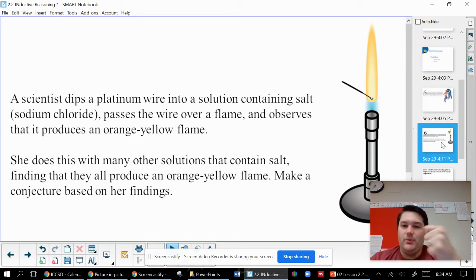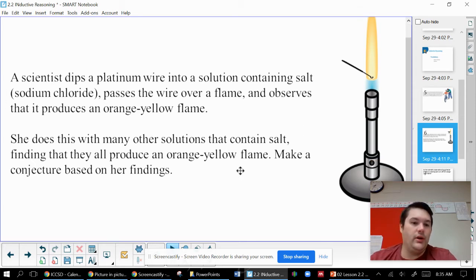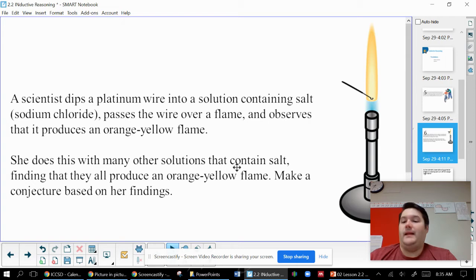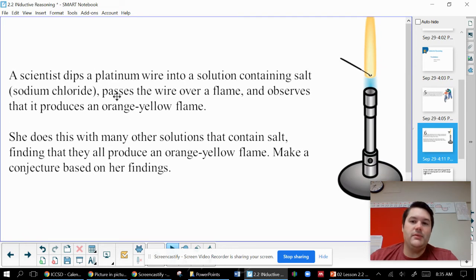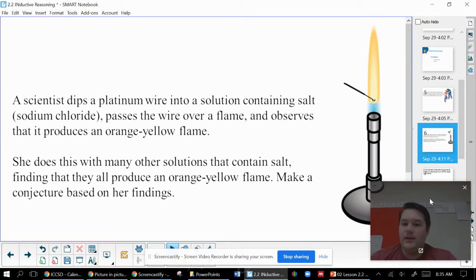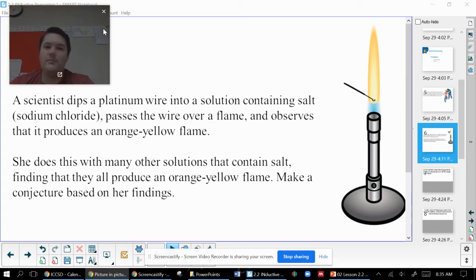So if we dip a whole bunch of these wires in salt solutions and we burn them and they always make this orange-yellow flame, I think the logical conclusion there would be that salt solutions seem to create an orange-yellow flame when they burn. That's inductive reasoning. It's not something that is super complicated most of the time. It's just looking for a pattern, and when you see that pattern, inductive reasoning would say, I bet that pattern keeps going. I bet it continues on.